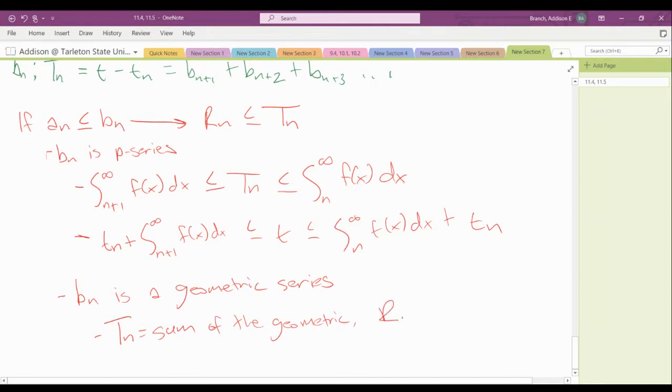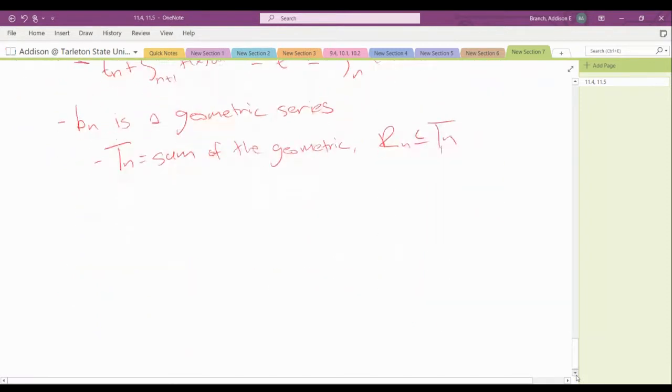And we also know that R is going to be less than or equal to T. I don't think you'll really get that many problems estimating with geometric series. I didn't see any example problems in your book, or at least not any that had a process shown in your book. But I would also just double check with your profs to see if they need you to know that or not.